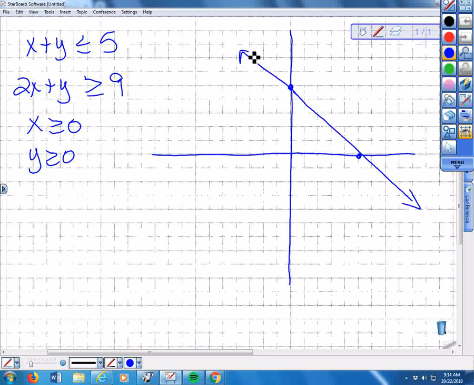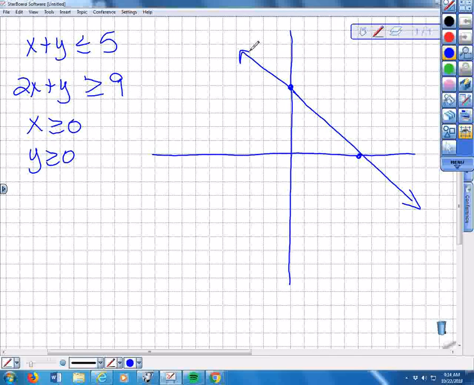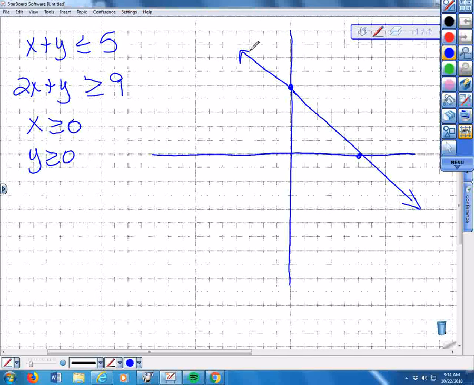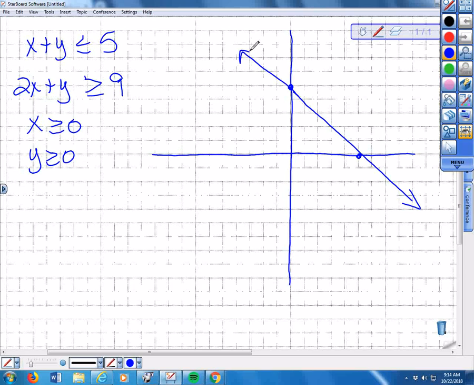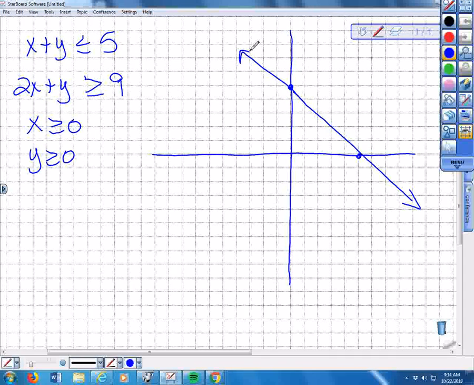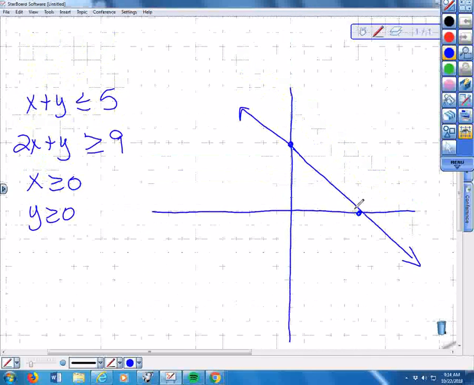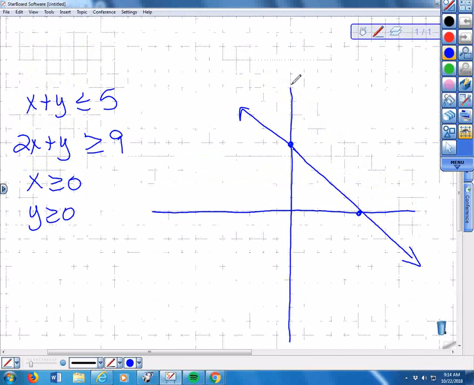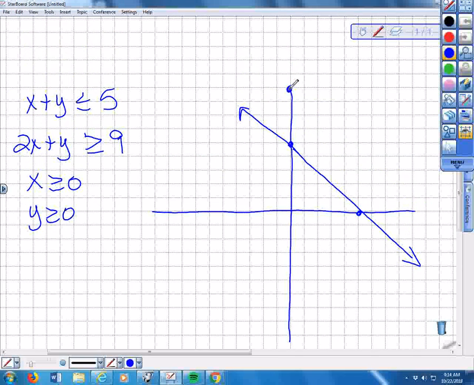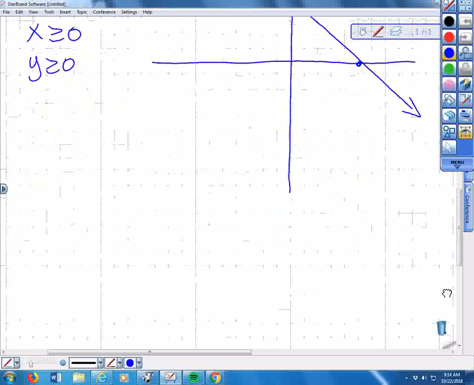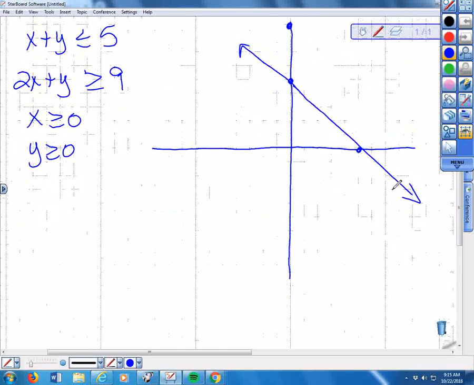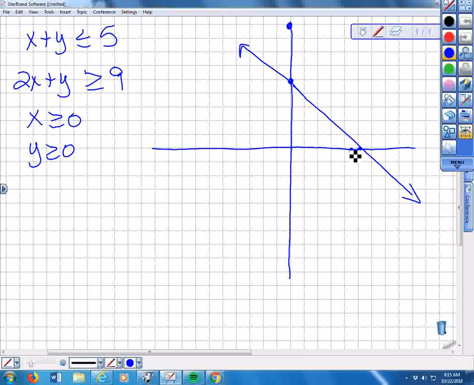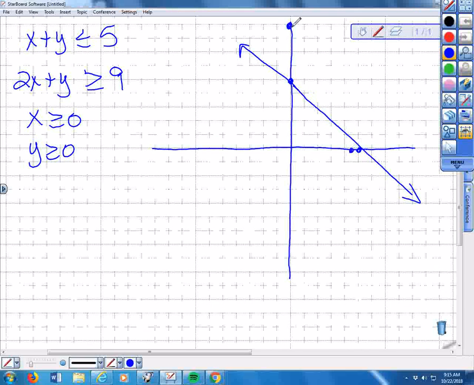That's my first one. Next line, let's shade at the end. Next line, 2x plus y is greater than or equal to 9. So when x is 0, y is 9. 5, 6, 7, 8, 9. When y is 0, x is 4.5. 1, 2, 3, 4, 4.5. Now I connect those two. I can do it.